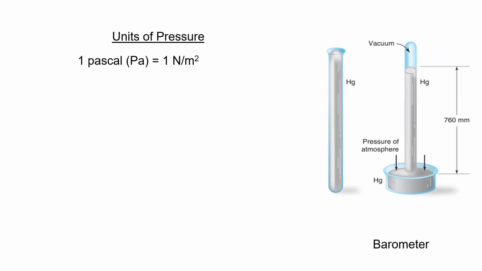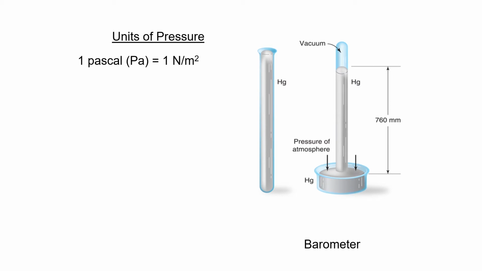So in the 17th century, Evangelista Torricelli came up with a different way of measuring pressure. He took a tube that had a column of mercury in it, and he inverted it over a container that also had mercury in it, and realized that the mercury column would drop only up to a certain level.